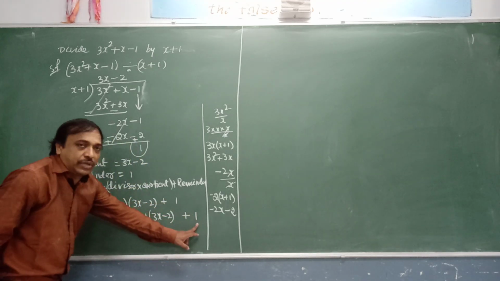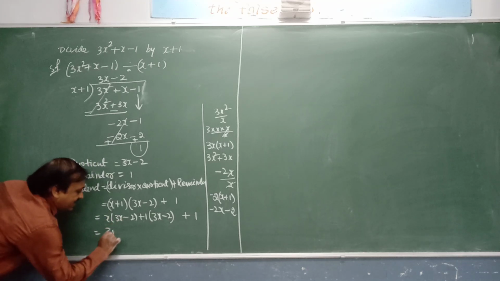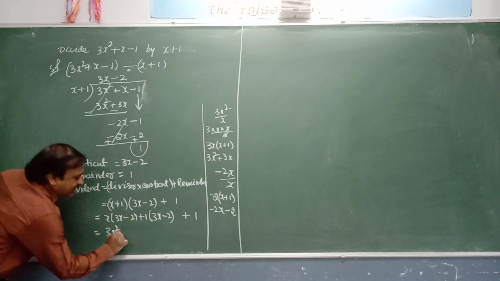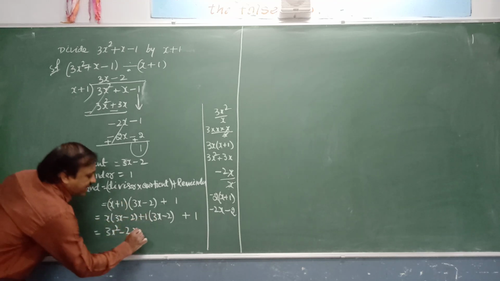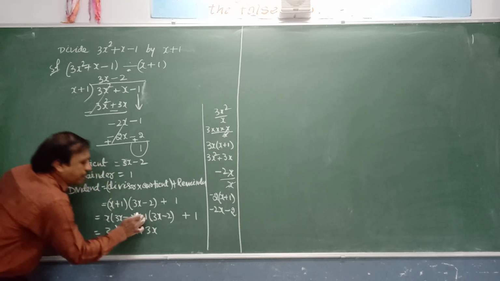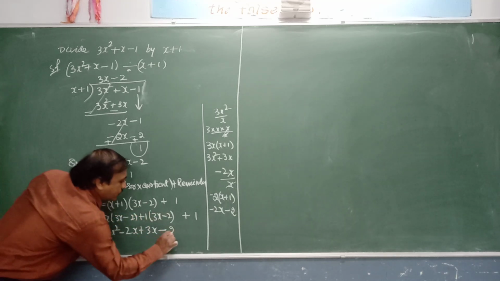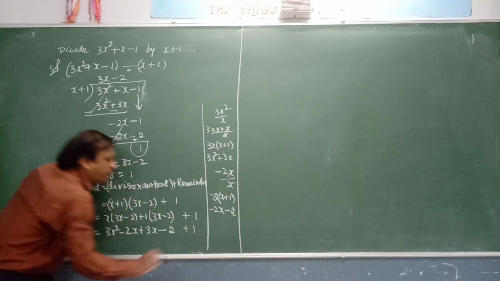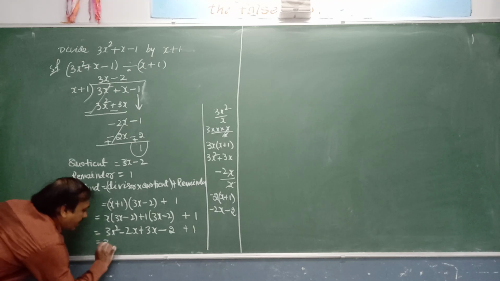This remainder is 1. Now x into 3x is 3x square, x into minus 2 is minus 2x, plus 1 into 3x is plus 3x, plus 1 into minus 2, so plus into minus, minus 2. Now the remainder is 1. First simplify 3x square.